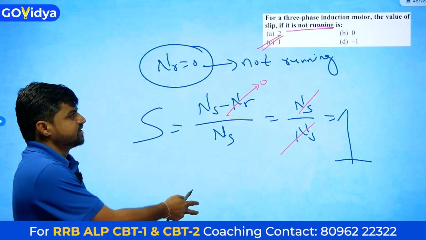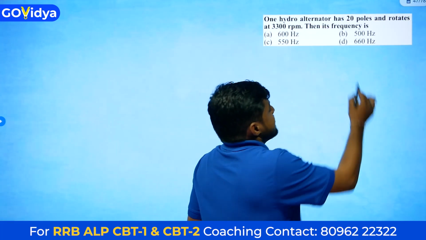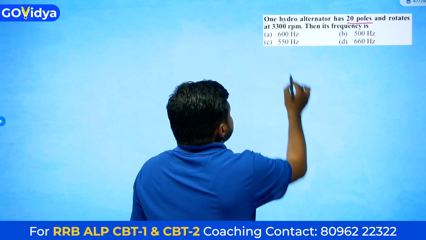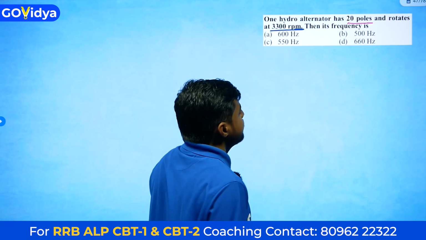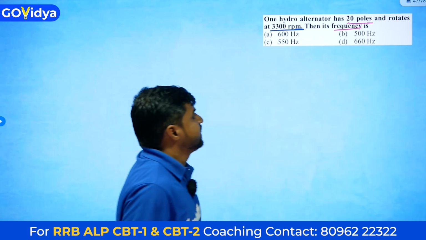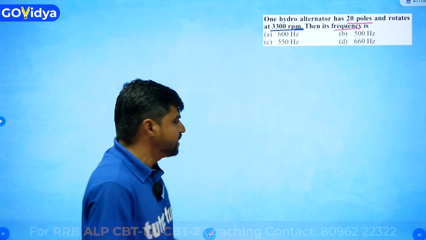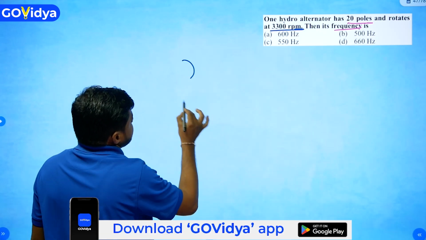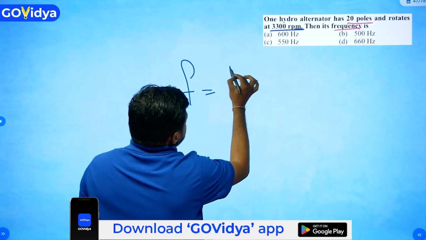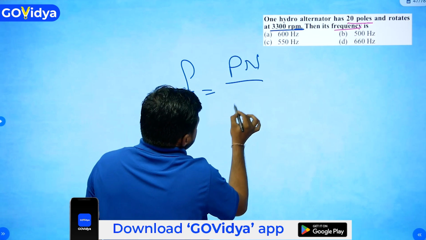Next question, one hydro alternator has 20 poles and rotates at 3300 rpm, then what is the frequency? Here number of poles and the speed is given, we have to find frequency. We have the formula for frequency f is equal to P N by 120.